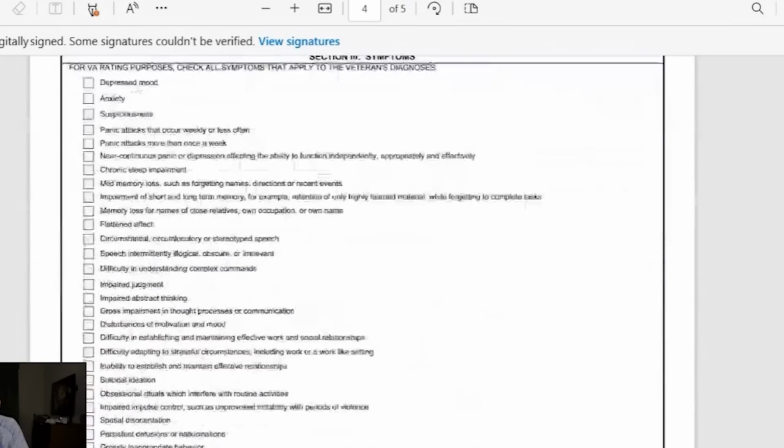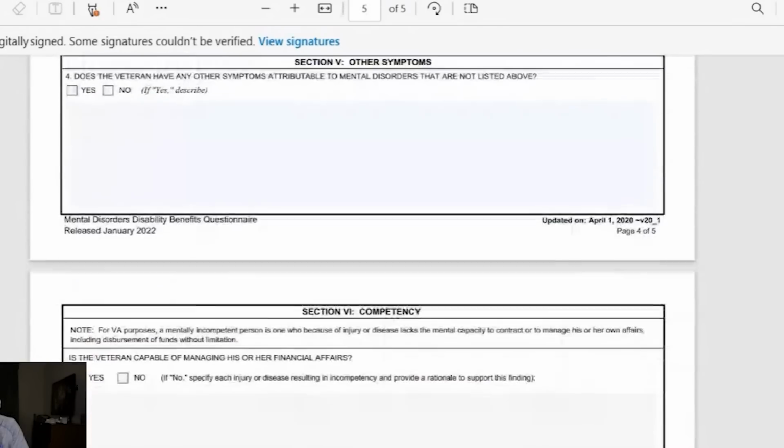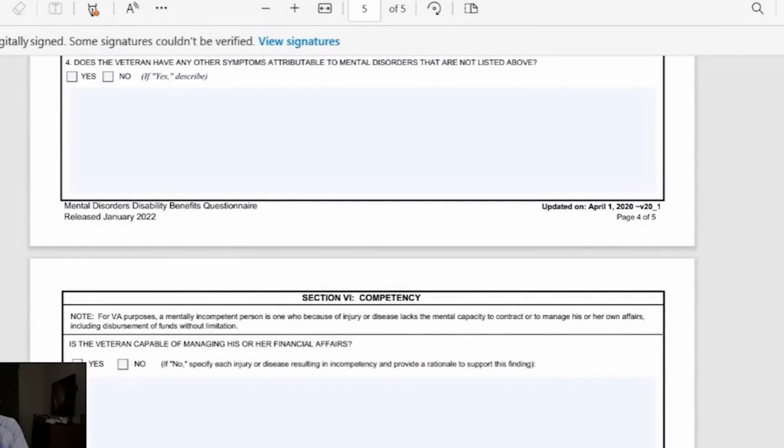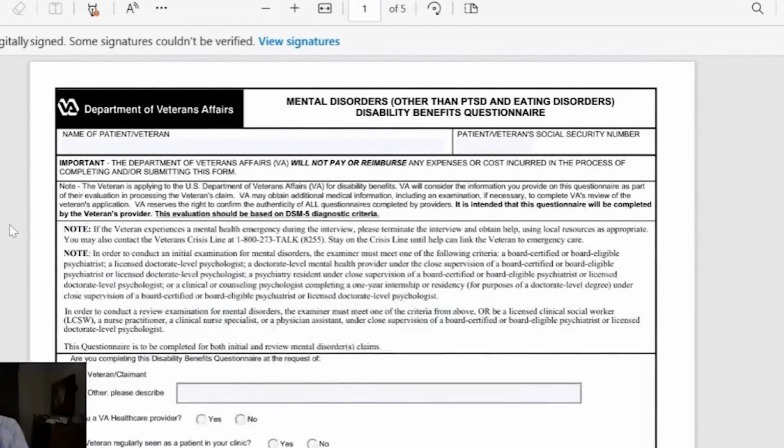And then all the other symptoms, questions, tons of symptoms here. You get the point. That is the DBQ, but it is your one-stop shop. So if mental health does apply to you, now you know through that slide deck, you have 38 CFR and how the VA rates those conditions, and you have the DBQ to show you exactly what questions and what the VA is looking for during your C&P exam.